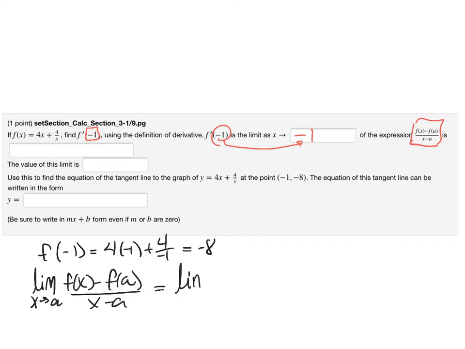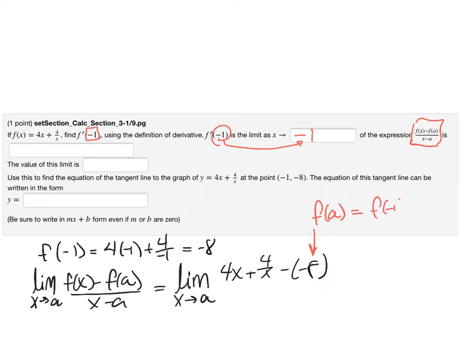This is the limit as x approaches a of our function, which is 4x plus 4 over x. 4x, and I wrote the wrong thing. 4x plus 4 over x minus, in this case it's -8 because that is f of a. This value right here is f of a, which for us is f of -1, which comes from right here.